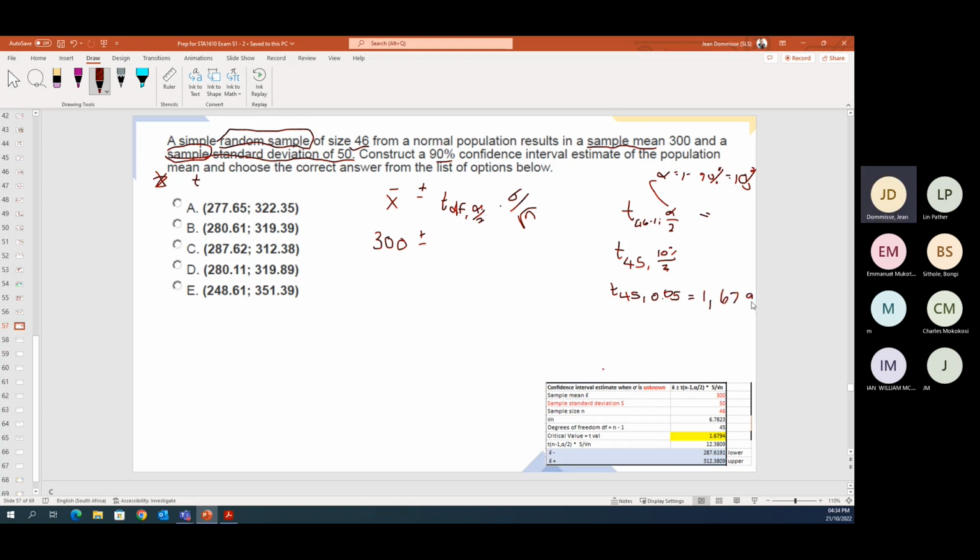1.679. So just again, why we're using T, because we don't know the population standard deviation. We only know the sample standard deviation. So that is why we use the T. So 1.679.